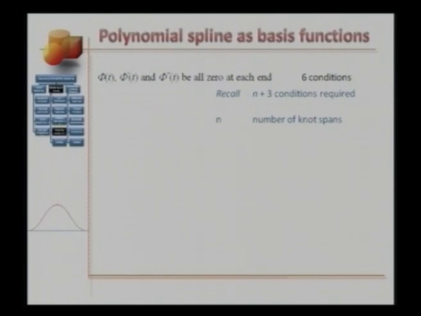We had just seen that we require n plus 3 conditions to completely determine a polynomial spline. Here n is the number of knot spans for which there would be n plus 1 knots in total.